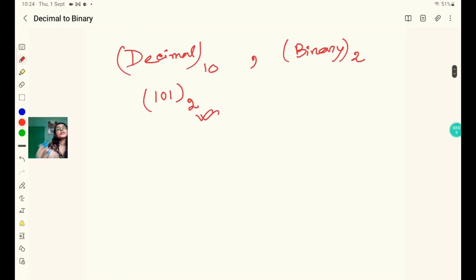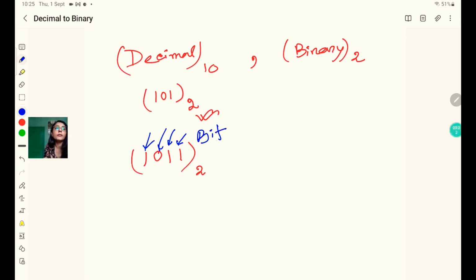Now suppose I am writing a binary number, 1011. The base is obviously very important, so I am writing base 2 here so you can recognize it is a binary number. Now always remember that each of the 0s and 1s, each of these digits, is called a bit.